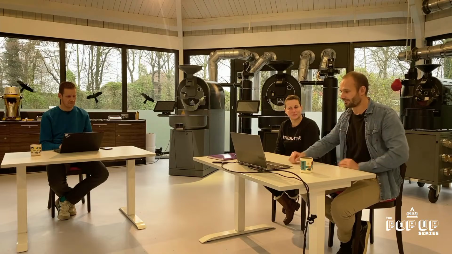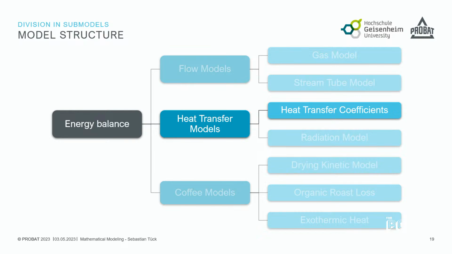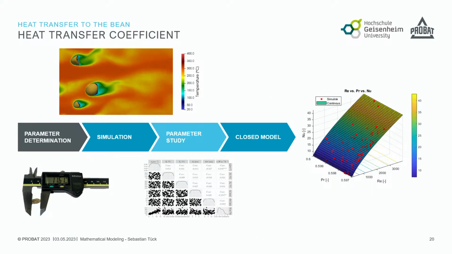I'm not going into the details of how we are doing this, and you can look it up if you want to. The next thing is the heat transfer coefficients. We did a crazy amount of computational fluid dynamics to determine how much energy we can transfer to the coffee beans. You probably saw this presentation slide in one of our other pop-up slides, but this is at the very core of what roasting is. How do we transfer energy to our coffee bean?